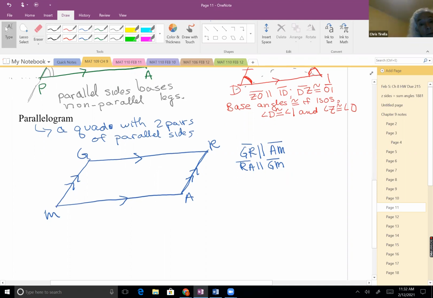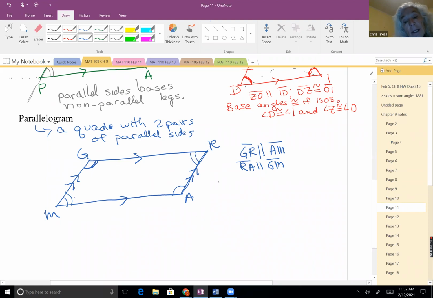What's cool is because of the alternate interior angles, this angle and this angle, I'm sorry, interior angles on the same side of the transversal, those two angles would be supplementary. But then because these are parallel, this will also be a supplement of this. And this will be a supplement of this.